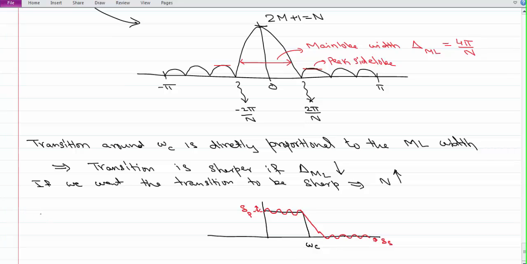Now the size of these ripples is a function of the peak side lobe, but not just the peak side lobe.